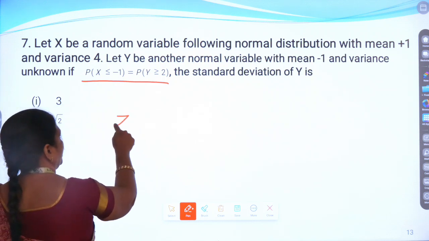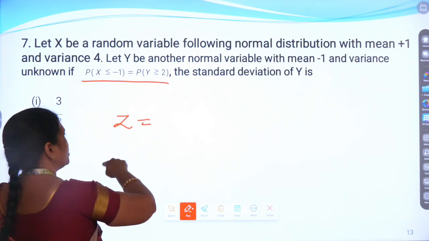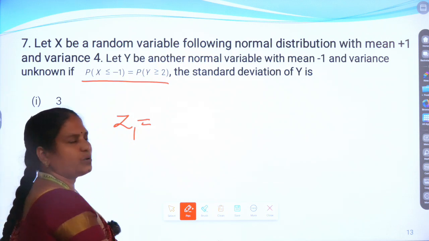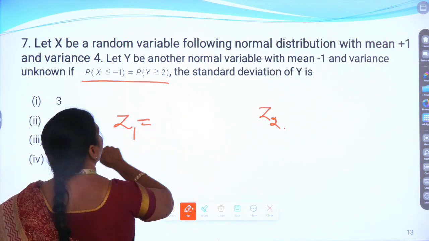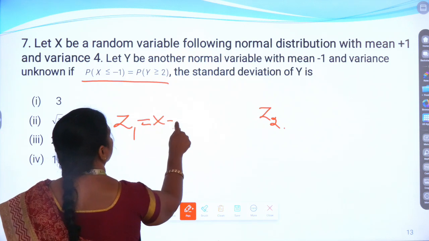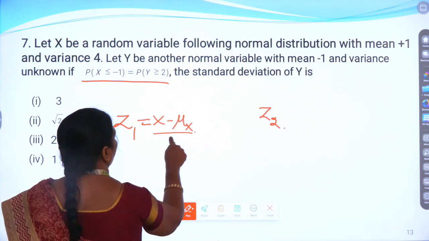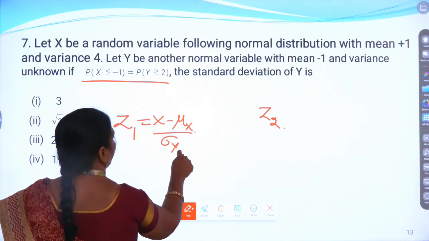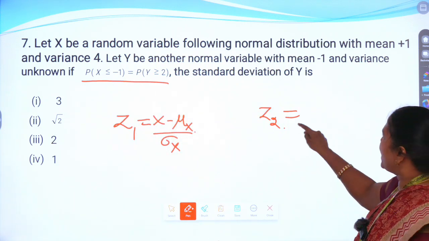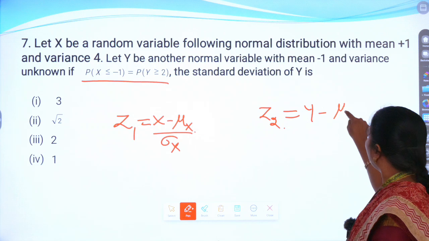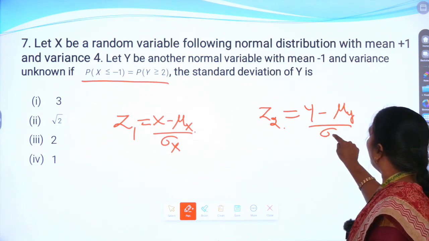We have two variables, so we consider z1 and z2. We take z1 as x minus mu x divided by sigma x, and define z2 as y minus mu y divided by sigma y.